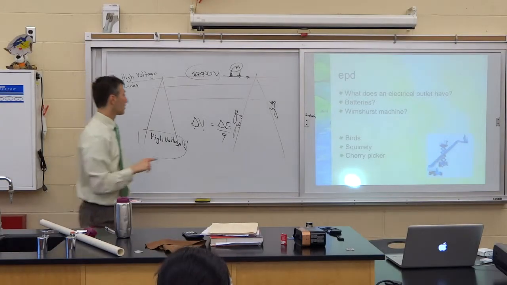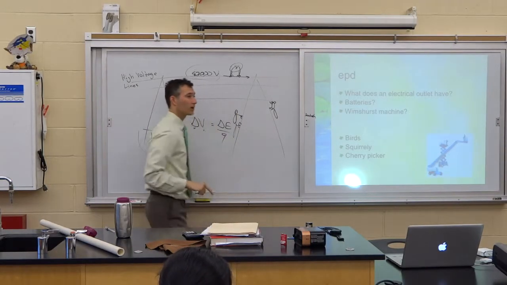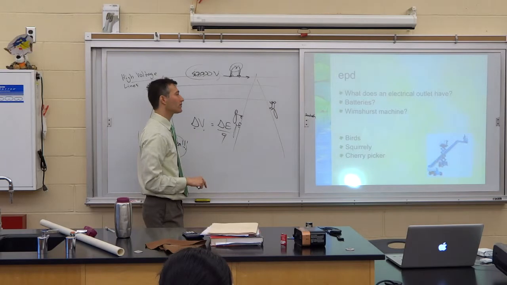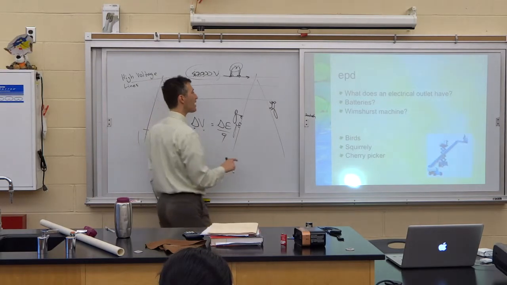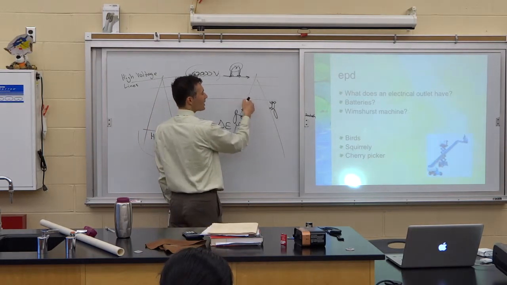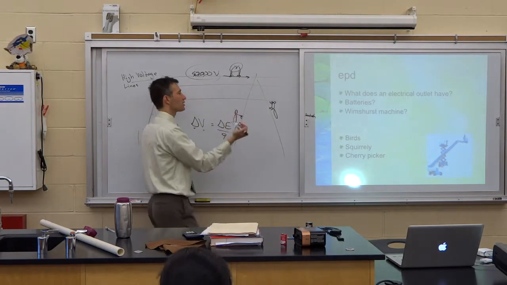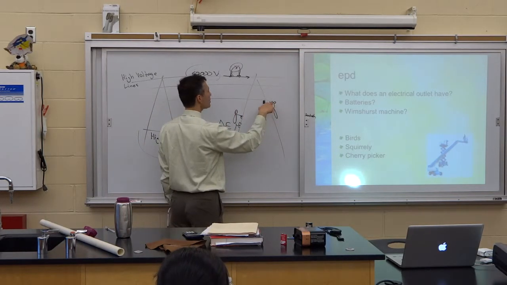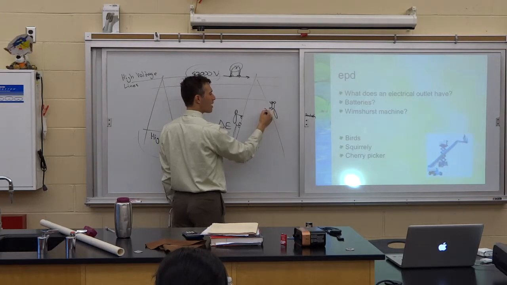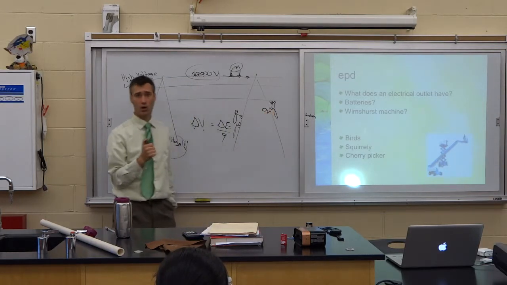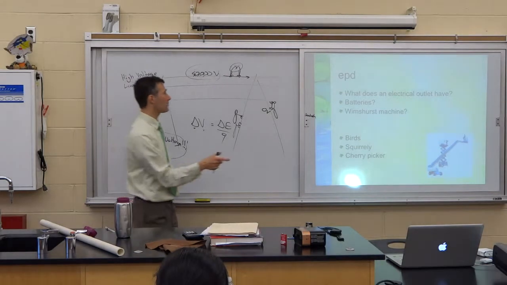This is metal scaffolding, right? We don't want to use wood. Wood isn't strong enough to hold this stuff up. We have metal scaffolding, and these lines are connected to the scaffolding with insulating stuff. But as soon as the squirrel holds on, the charges that are in the scaffolding, connected to the earth, probably have no potential.